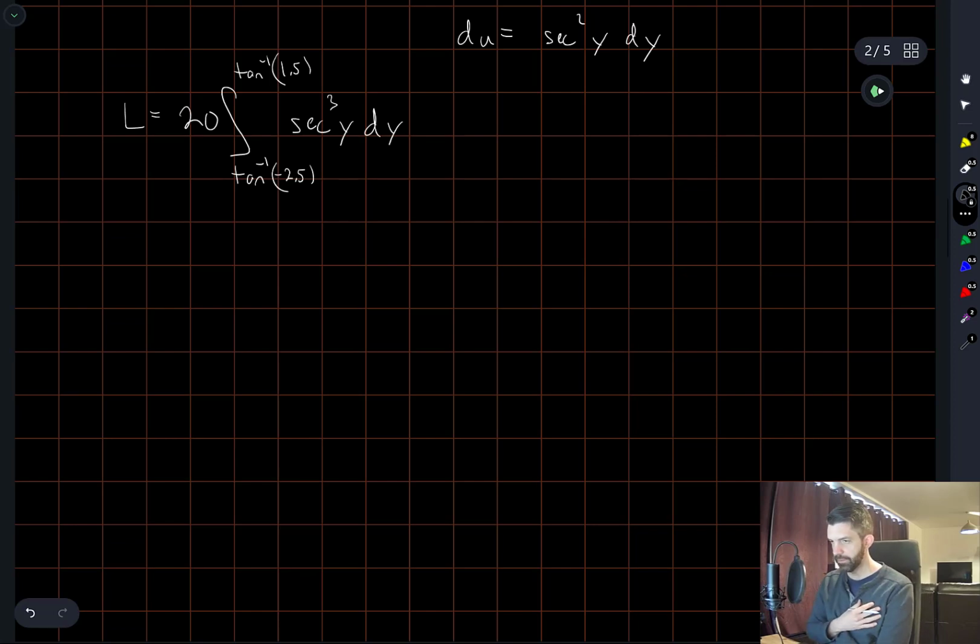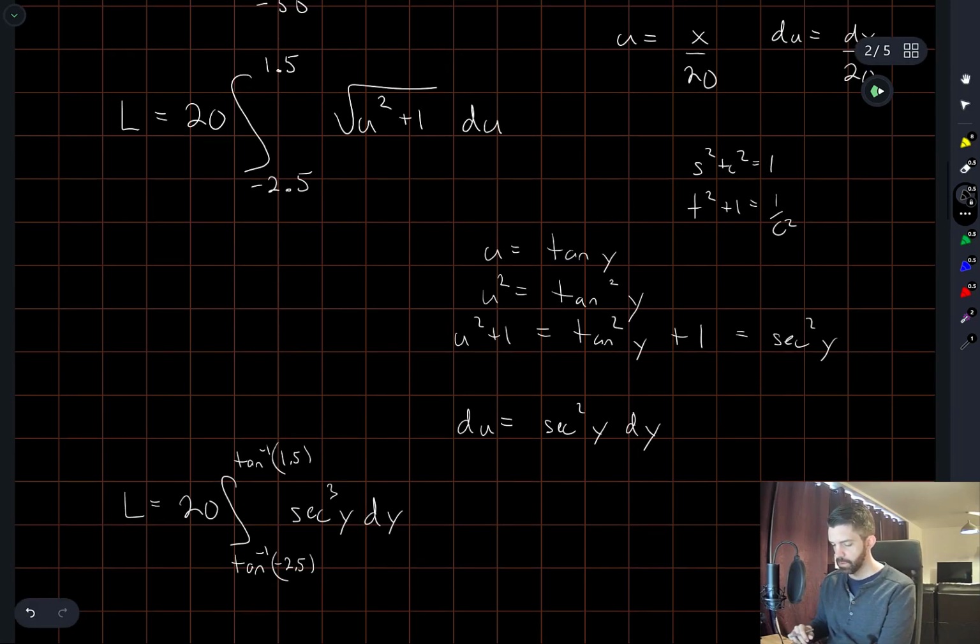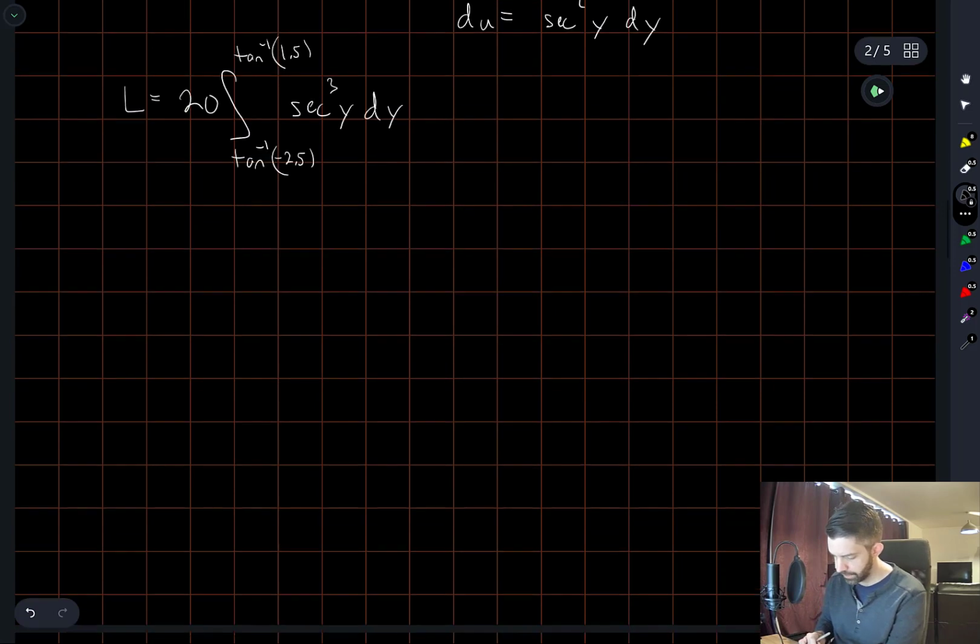The method of integrating secant cubed, doesn't it pass through this? Let's find out. Let me try and find out how to integrate secant cubed again. I don't remember what I'd done last time.